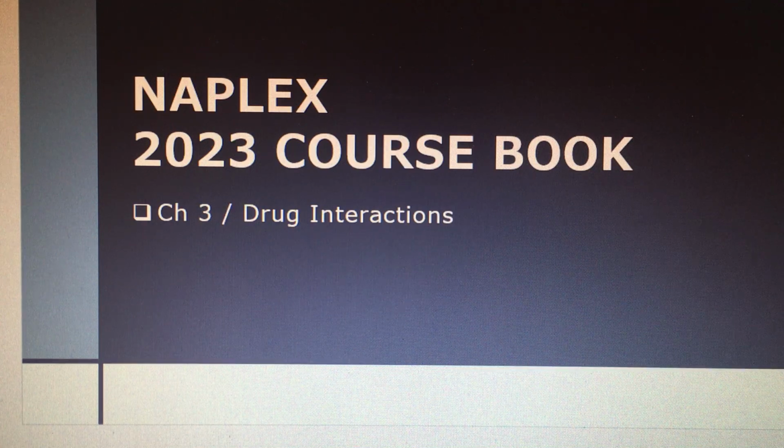We will see an increase in warfarin levels, and we'll see an increase in the INR, and we'll have an increased bleeding risk when we have warfarin taken with any of the drugs that would inhibit its metabolism.